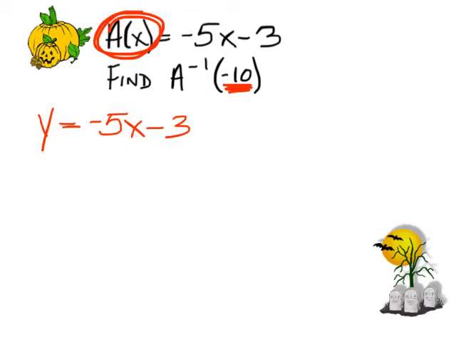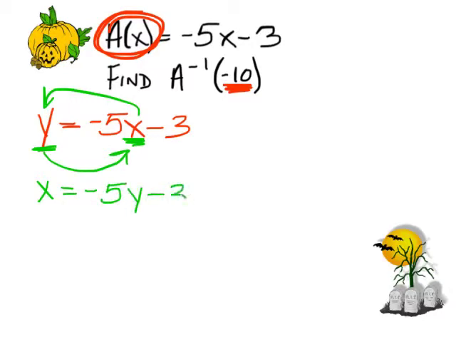And then you must interchange x and y. So you're writing a new equation altogether. You're simply moving this to where y is and this to where x is. So it is x equals negative 5y minus 3.